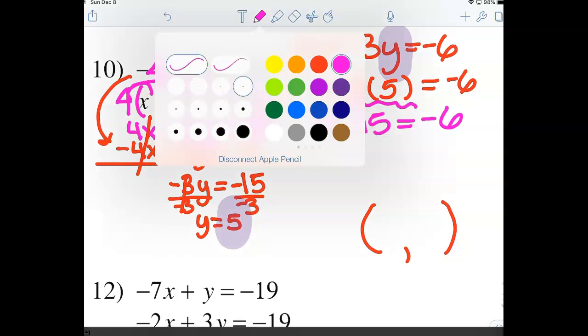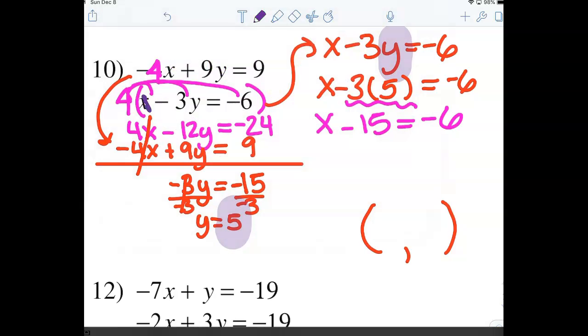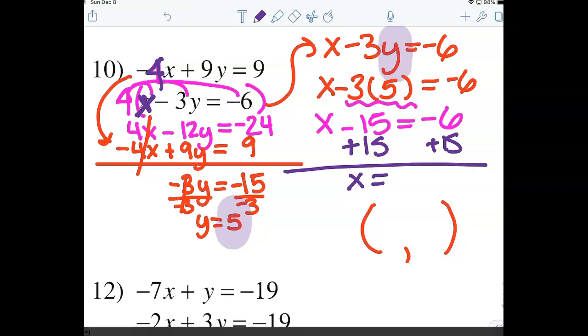The reason I chose that equation was because this x is alone. Okay, so I chose that one because that x was alone, whereas this x had a 5 or a 4 attached to it. So I need to add to both sides. When I do that, I get x equals 9.